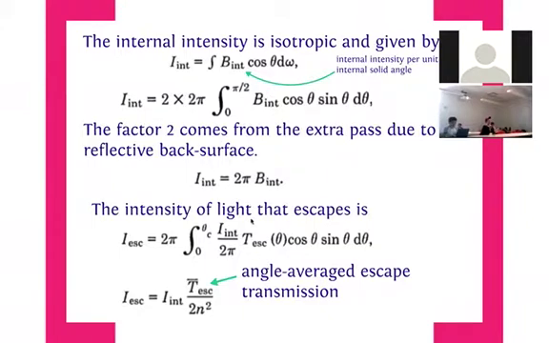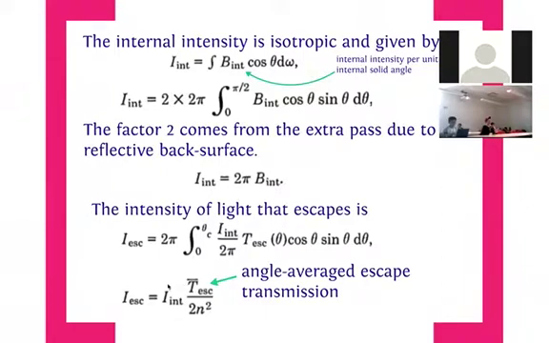This part here is basically the internal intensity divided by 2 pi times t escape as a function of theta. Now we'll see what this means in a second. This thing right here refers to the intensity, per unit solid angle, that is escaping the system.